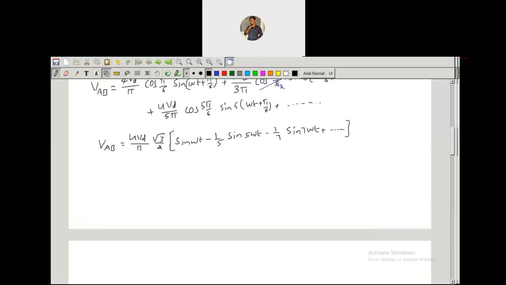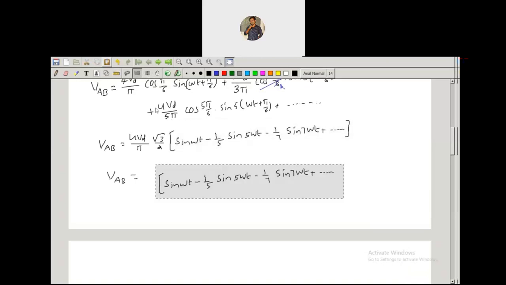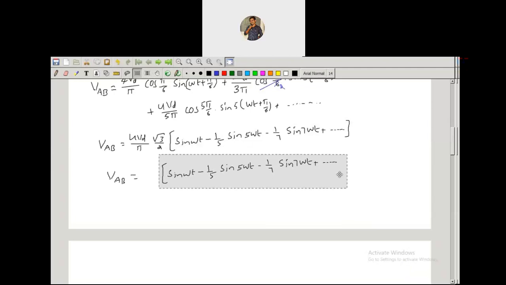And again we can further simplify this equation. VAB is equal to, we shall simplify the values of 4 root 3 by 2, and this value will be 2 root 3 by pi VD.